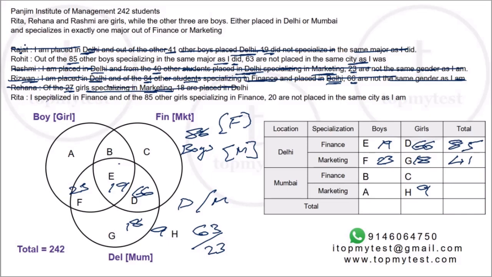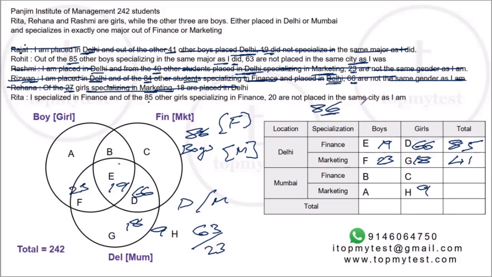Okay, and the last statement says, Rita says, I specialized in finance and 85 other girls specializing in finance. So total number of girls specializing in finance would be 85 plus 1, 86. So 86 girls specialize in finance. Right, out of girls in finance, would be outside of this and in here.